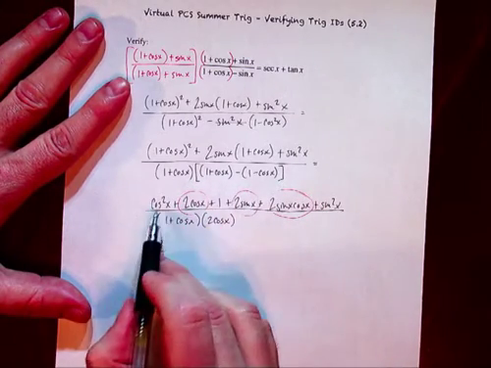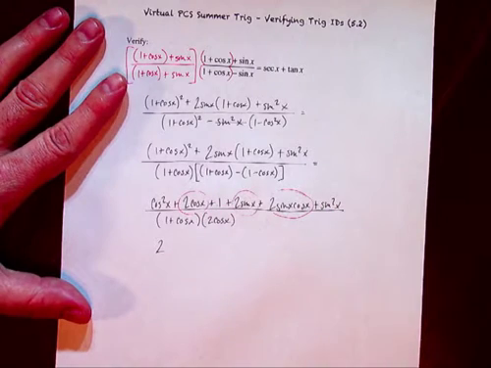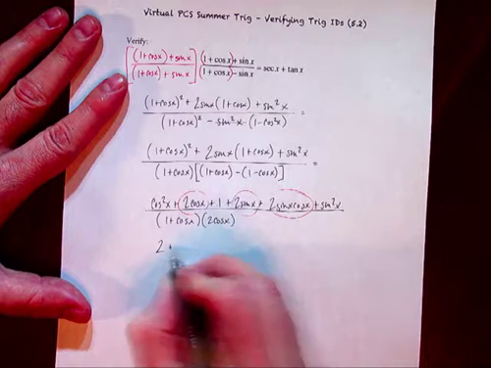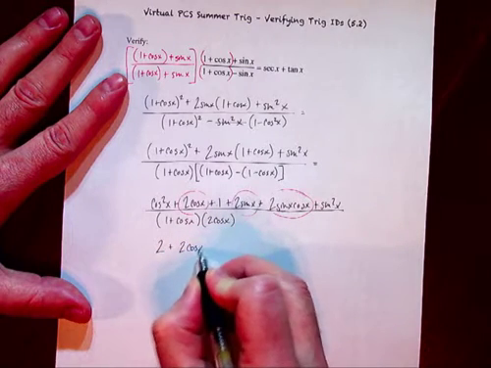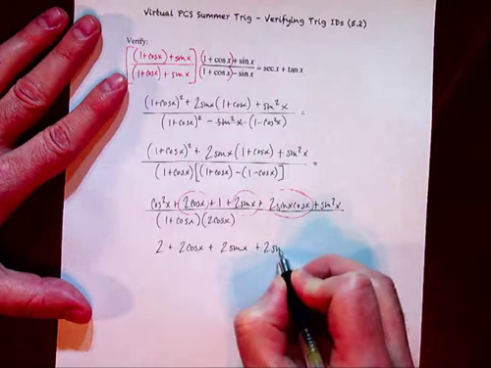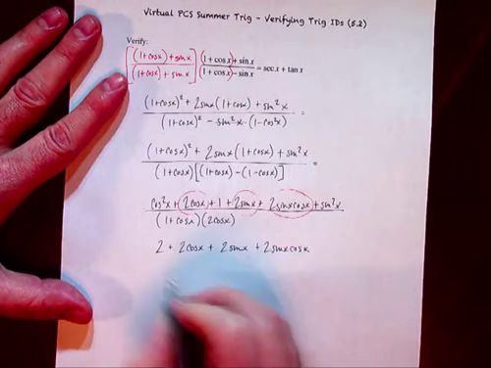Because cosine squared plus sine squared plus 1 is going to be equal to 2. And so what I have here is 2 plus 2 cosine x plus 2 sine x plus 2 sine x cosine x, and guess what? That numerator factors by grouping.